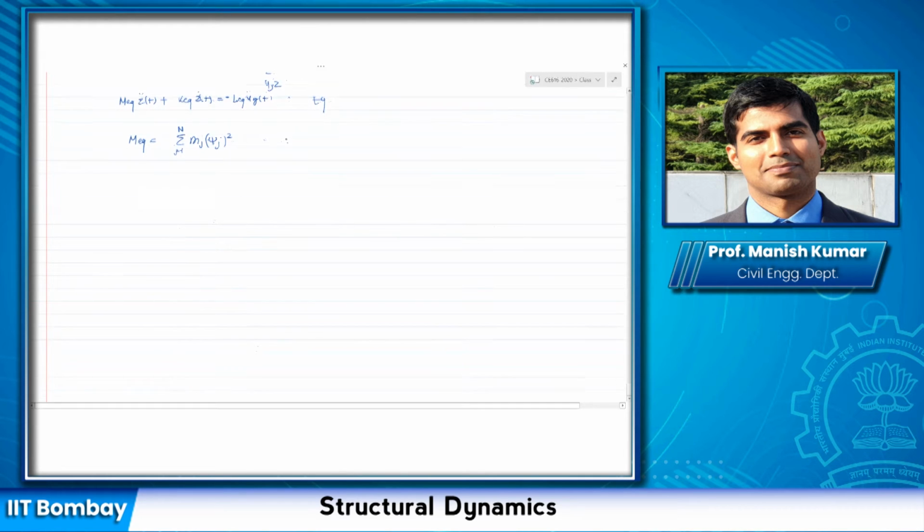Okay, k equivalent is again the same summation limits, and then here it would be kj times phi j minus phi j minus 1, this whole squared, and L equivalent is summation j equal to 1 to n, mj phi j.